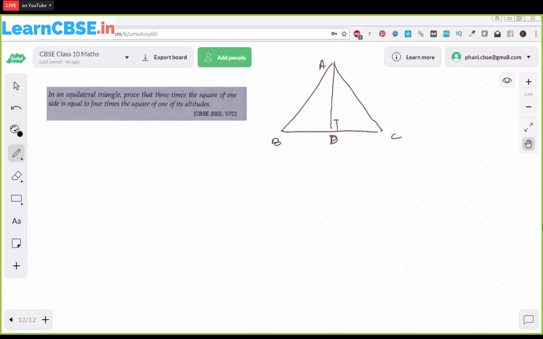Here for the triangle ABC, we can write AB equals BC equals CA, and it's also given AD is perpendicular to BC. We have to prove 3AB square equals 4AD square.